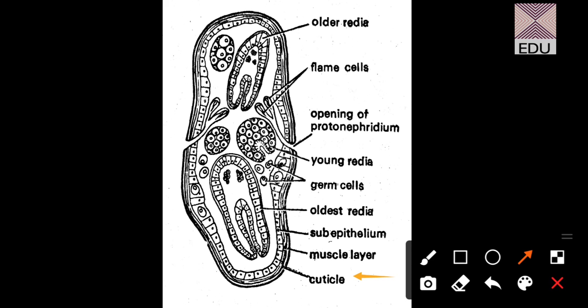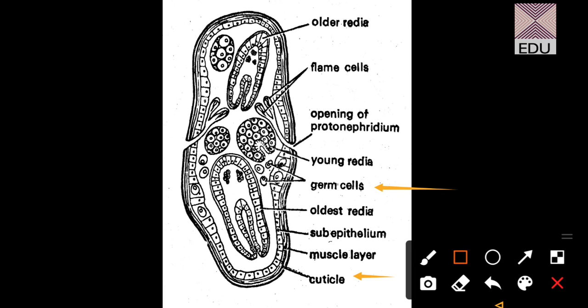Now it moves inside the snail and gets nourishment from the snail. The germ balls present here are referred to as germ cells, and they form the next larval form inside it, the radia larva.